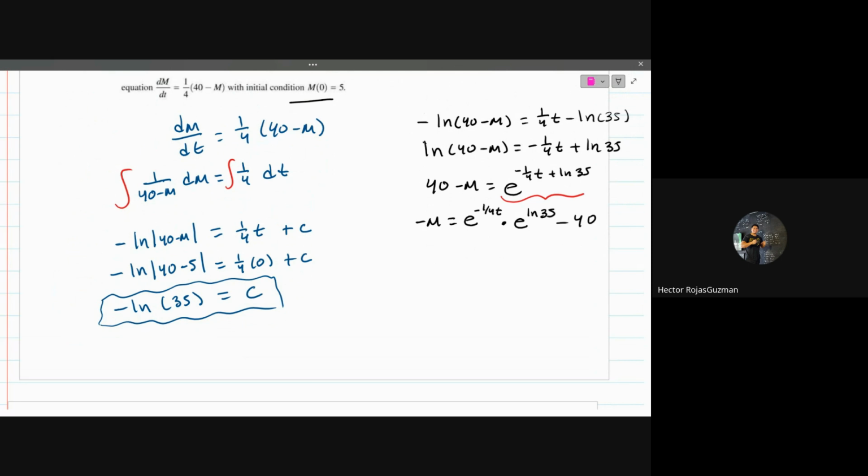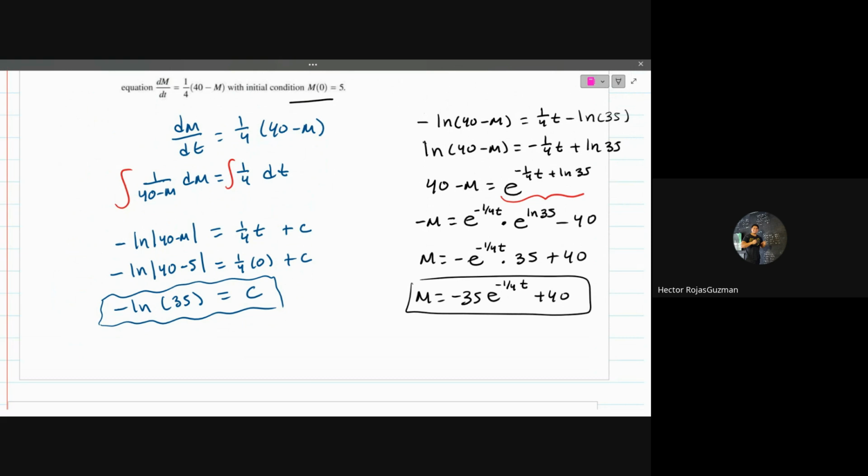Okay, multiply everything by a negative. Negative e to the power of negative 1/4 t times 35 plus 40. m is equal to negative 35 e to the power of negative 1/4 t plus 40. And that right there is your final point.